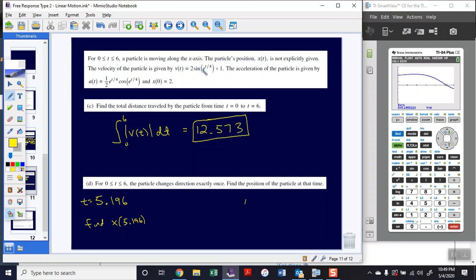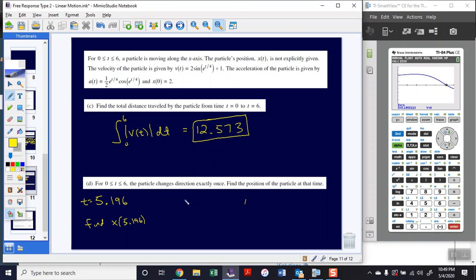For example, there's e to the t over 4 inside of a sine function, and no standard u-substitution will work for that one. So you're going to be trying something that is a futile attempt if you try to find the antiderivative of the velocity to get the position function.